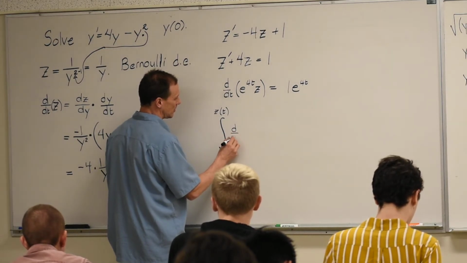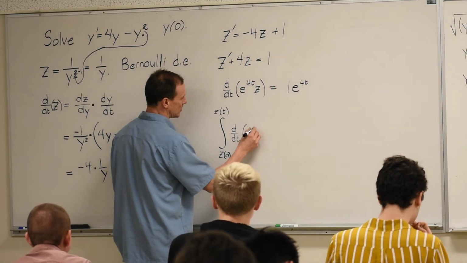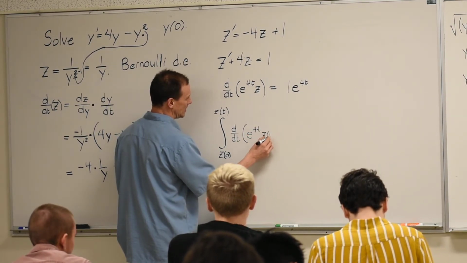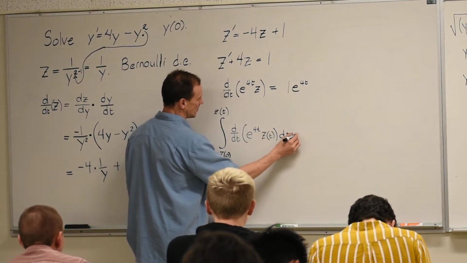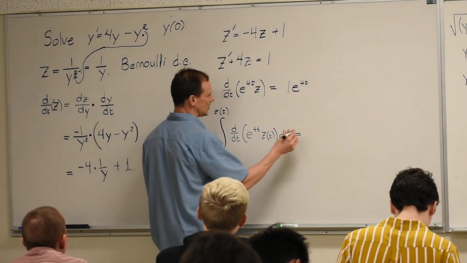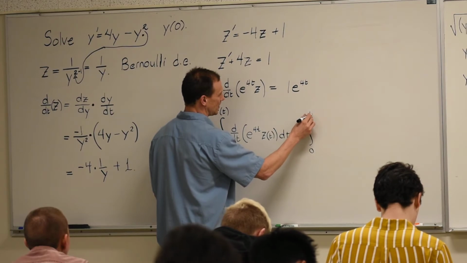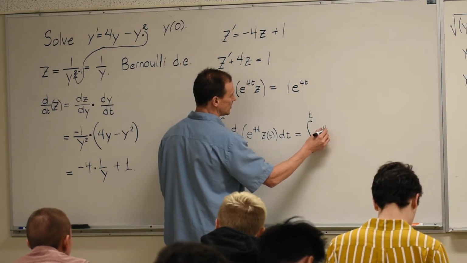Derivative with respect to t of e to the 4t, I'll write it z of t, dt is equal to the integral 0 to t of e to the 4t.